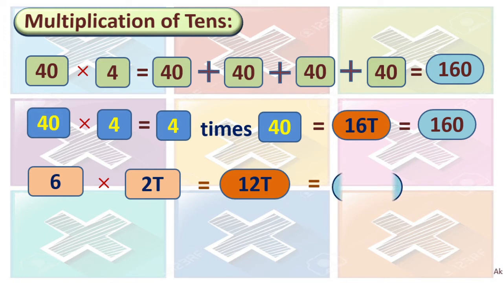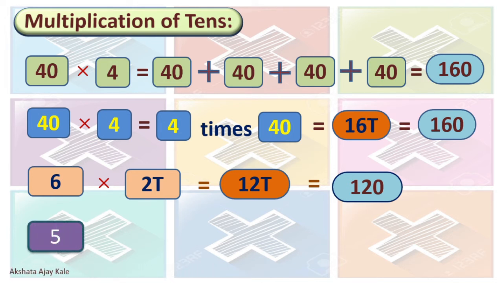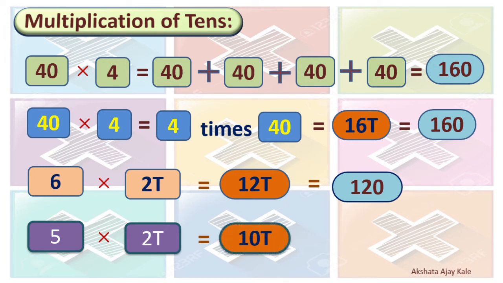So 120. Very good. Next thing is 5 multiplied by 2t. Come on, tell me. Yes, very good. 5 twos are 10 and t. 10t is equal to 100. Very good. Nice answers.